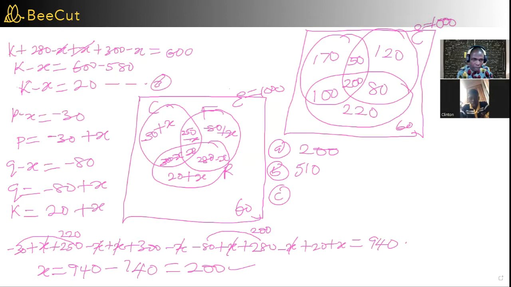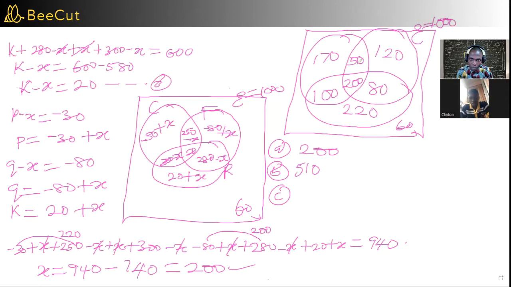And the third question says find the number of women who like watching at least two of the genres. That means they can watch two and they can watch more than two. Is that taken? Yes. Not those that watch only one. These are those that watch only one.